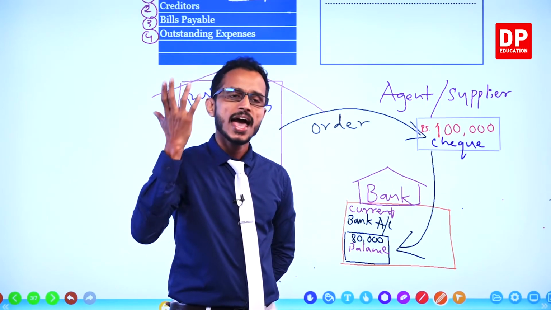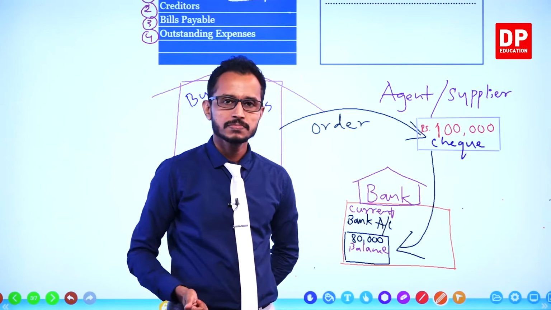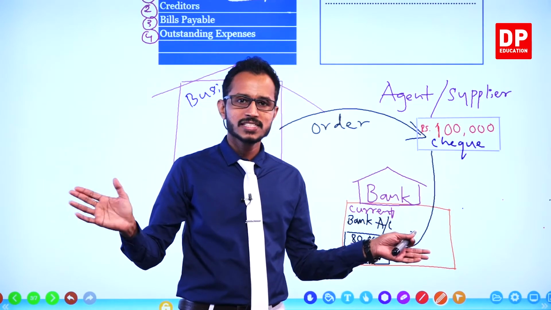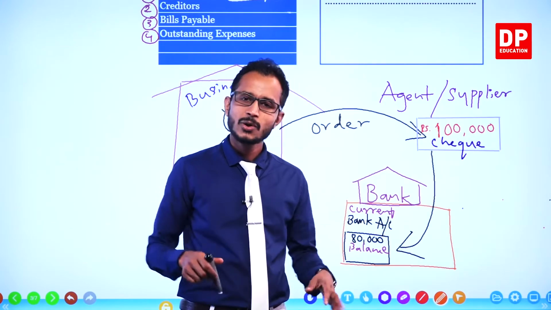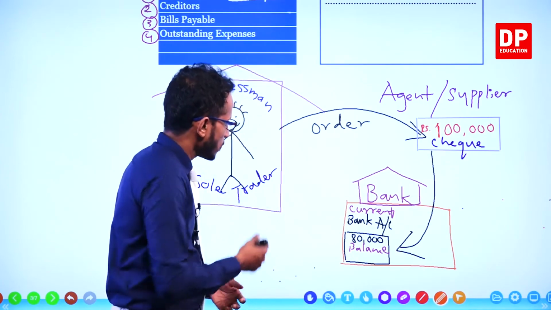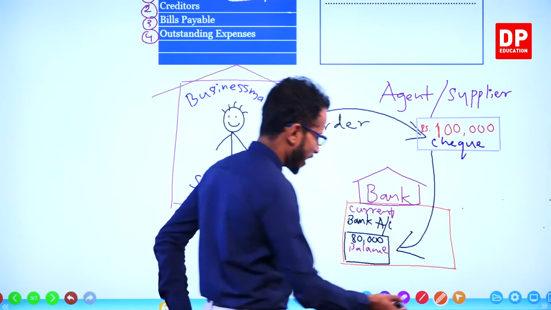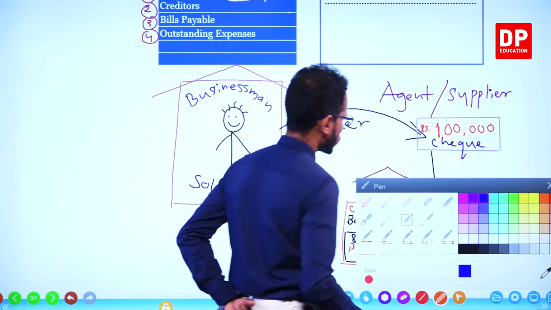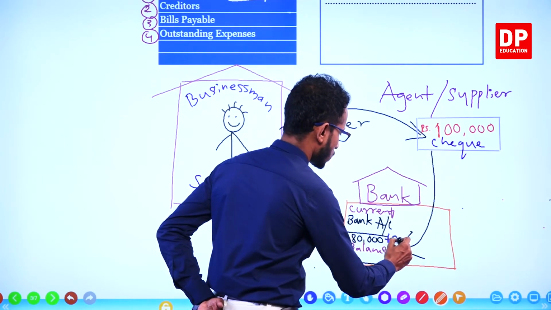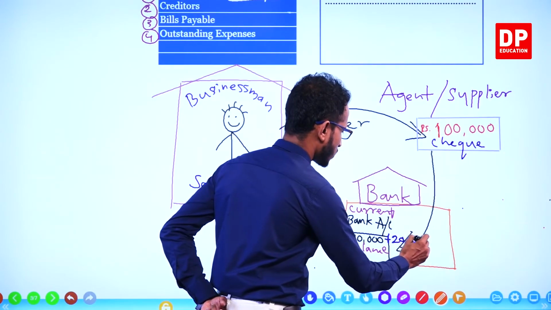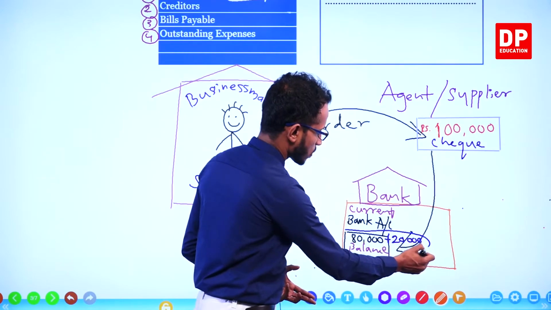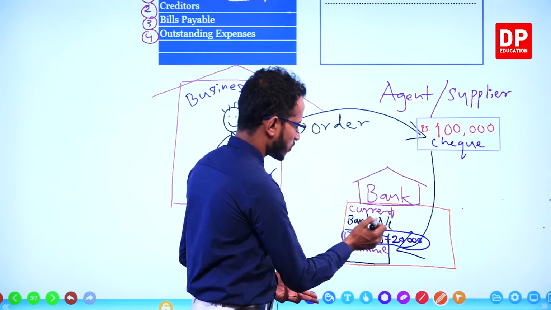OD my account and please pay that 100,000." Voila, it's done. I got an OD. Simple as that. So what the bank does is add another 20,000 to this 80,000 and make 100,000 to pay for the check.